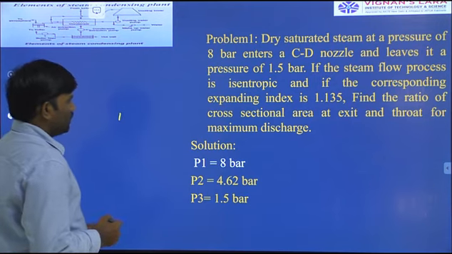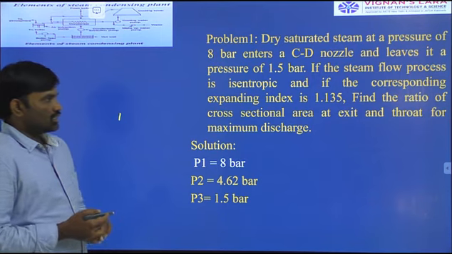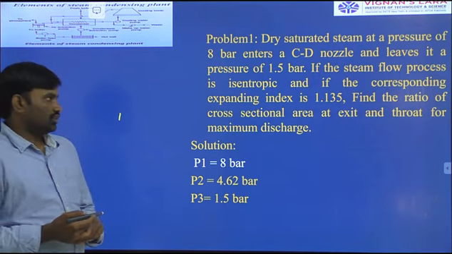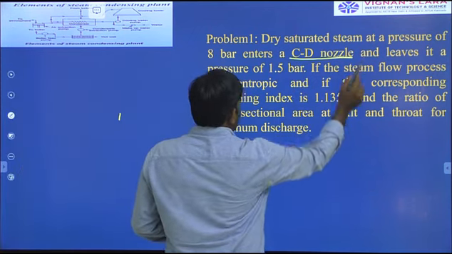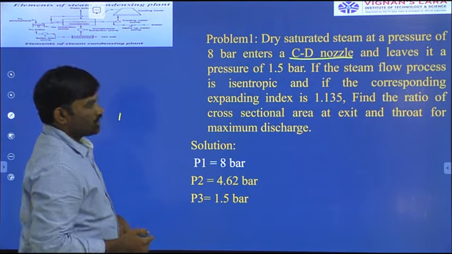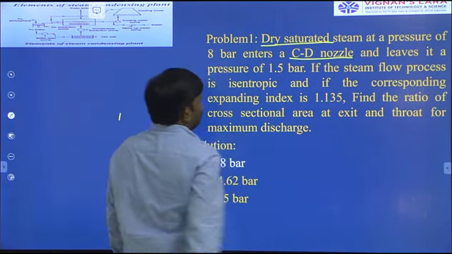We have to find the areas of cross-section at exit and throat. The type of nozzle in this problem is a converging-diverging nozzle, and the steam entering the nozzle is dry saturated steam.